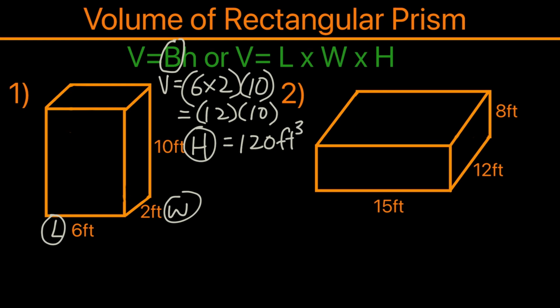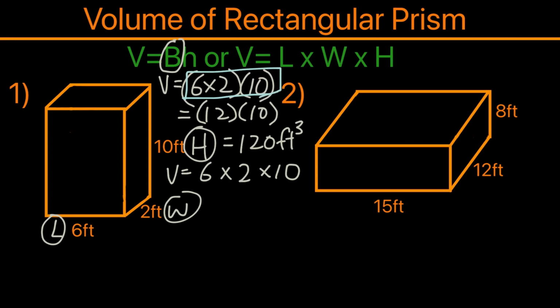Now let's try the other formula, which we have as volume equals length times width times height. So the length we have is 6, and the width is 2, and the height is 10. You could kind of tell from this formula, it looks very similar to the first one.